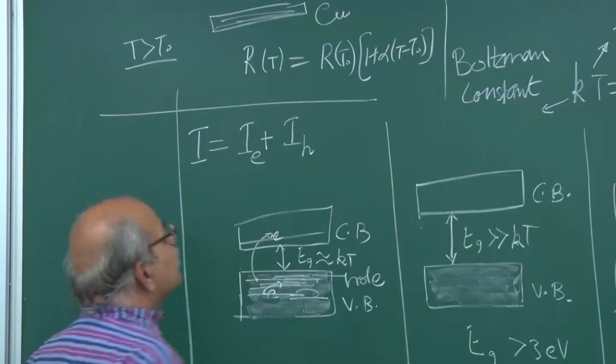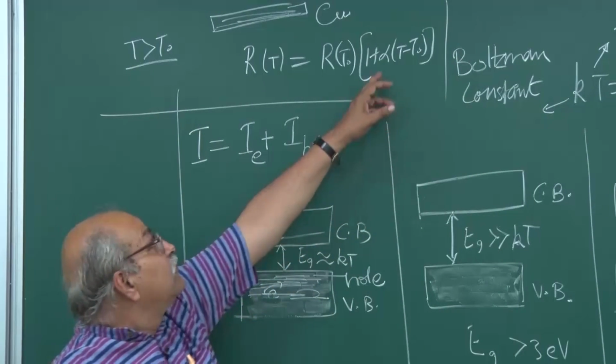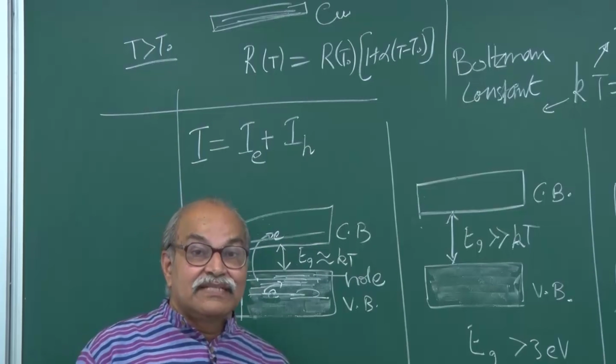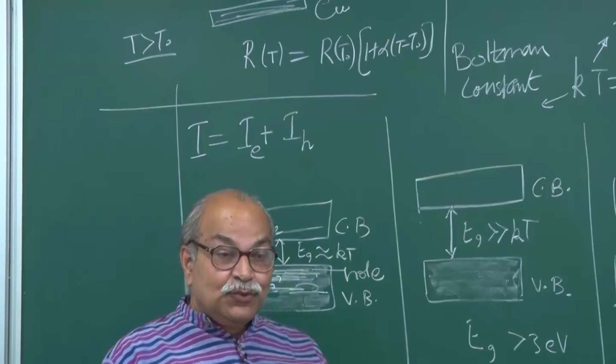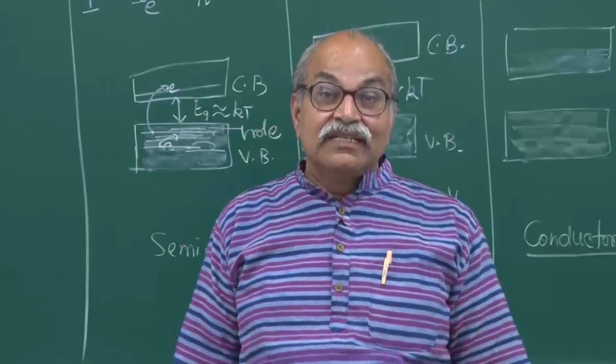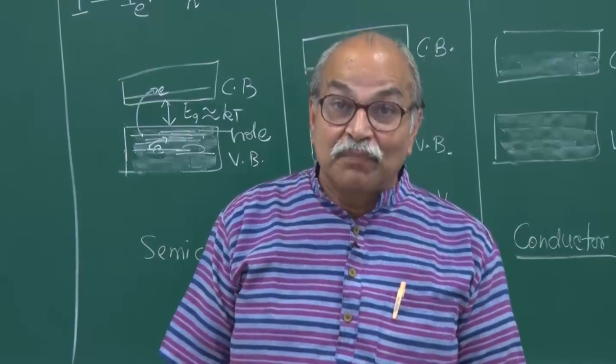Correct? You must know this equation. This alpha is known as the temperature coefficient of resistivity. Once you increase the temperature, the resistance goes up.